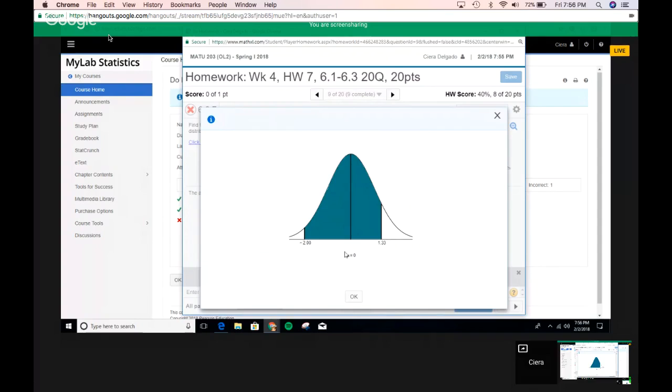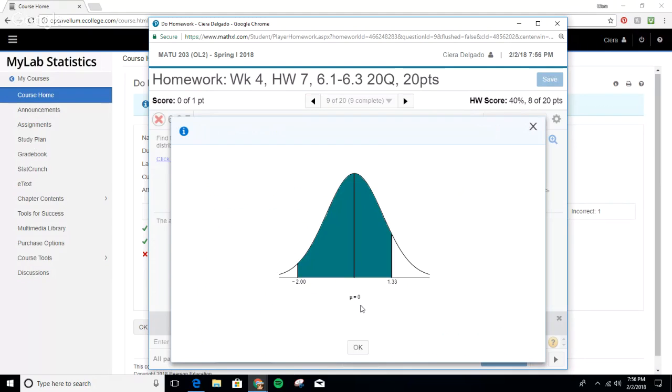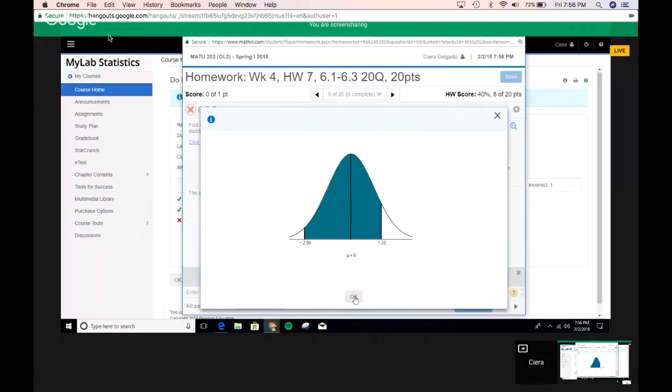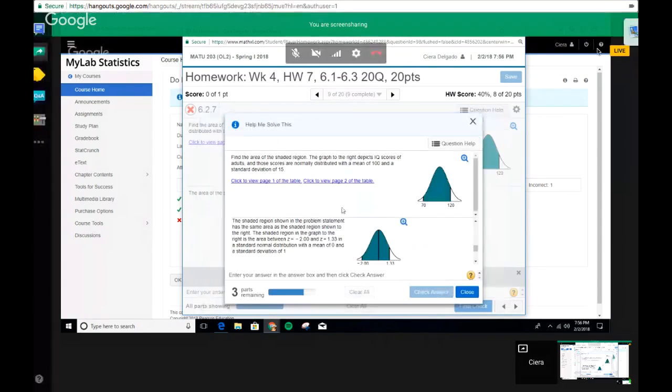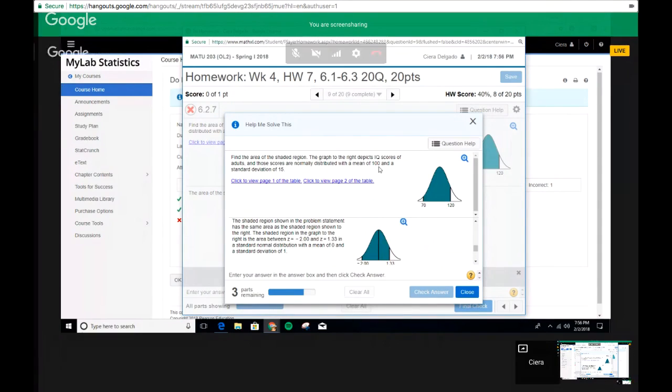In this case, I think you said 100 was the mean. So in this particular situation with 100 being the mean, it says there's a mean of 0 and a standard deviation of 1. So think about it. The standard deviation is going to go one way or the other one time, but the mean is 0.